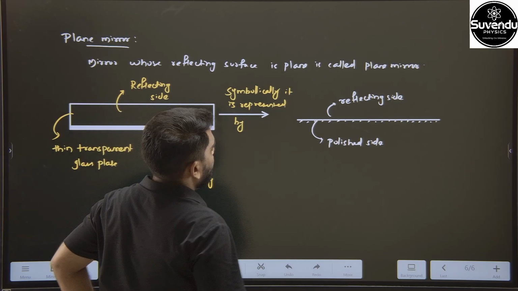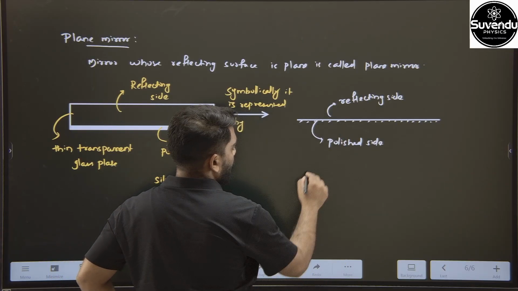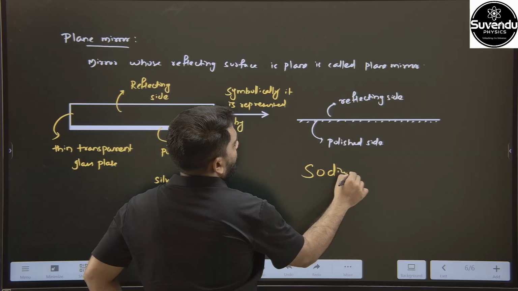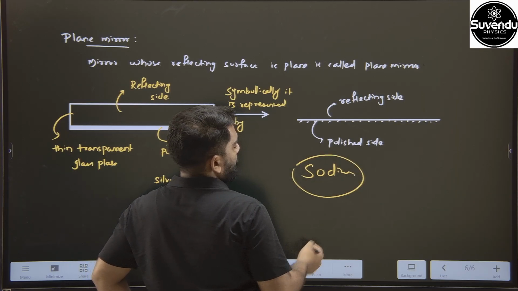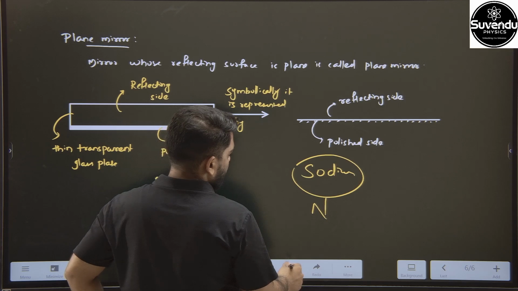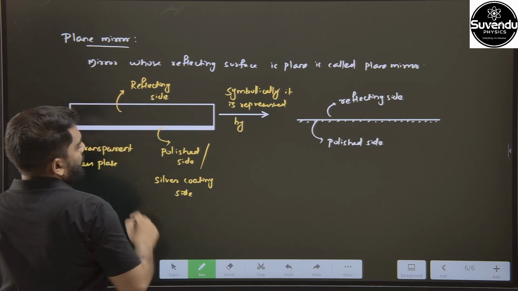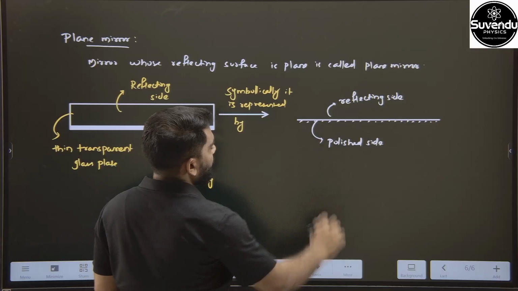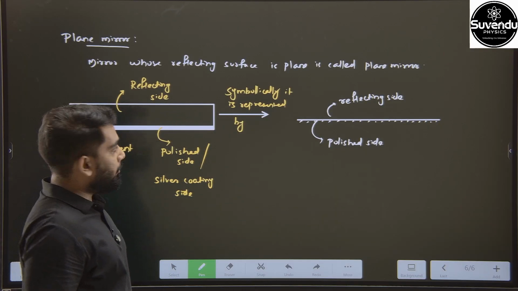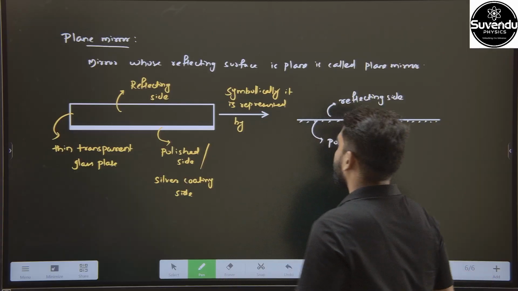That means this right side diagram is not our plane mirror, it is the symbolical representation of plane mirror. Just like writing sodium again and again takes time, so we use the symbol Na. Like this, drawing the plane mirror diagram again and again will take time, so we have to accept this symbolical representation of plane mirror. So this is about our plane mirror. Next come to spherical mirror.